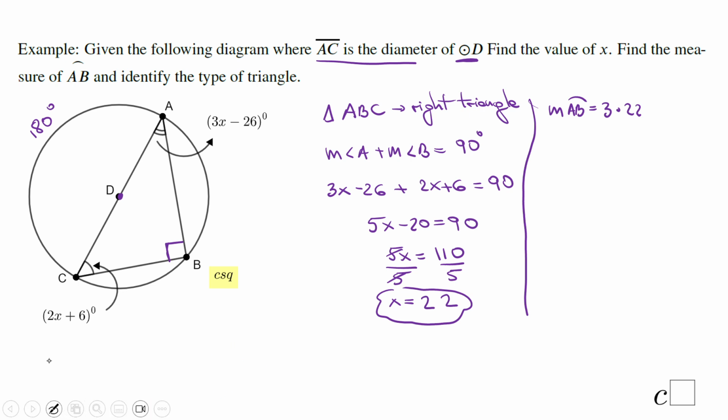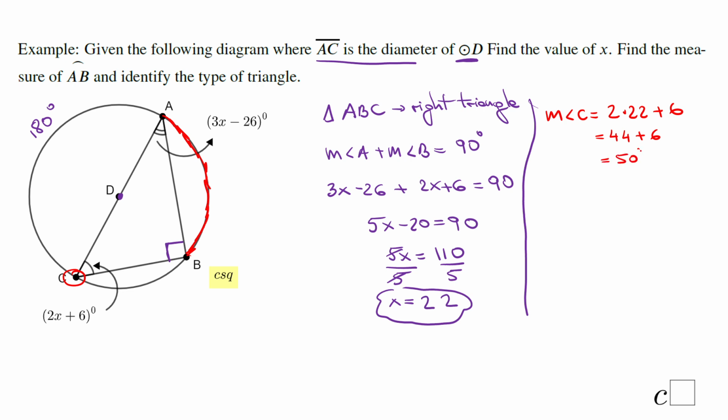For finding the measure of arc AB, we need to know the angle C. We need to know this angle because arc AB is the intercepted arc for angle C. So the measure of angle C is 2 times 22 plus 6. That will be 44 plus 6, and that will be 50 degrees.